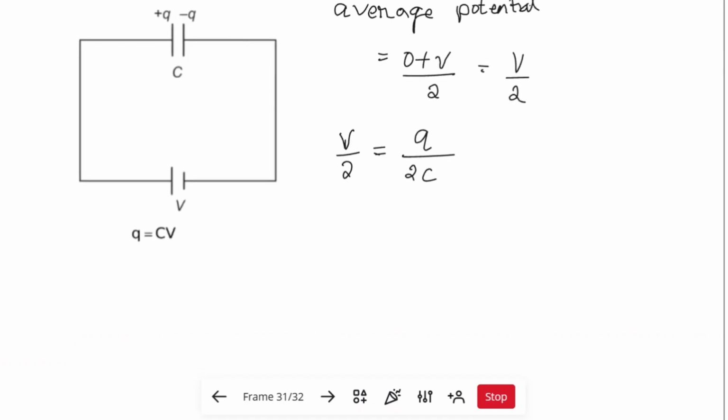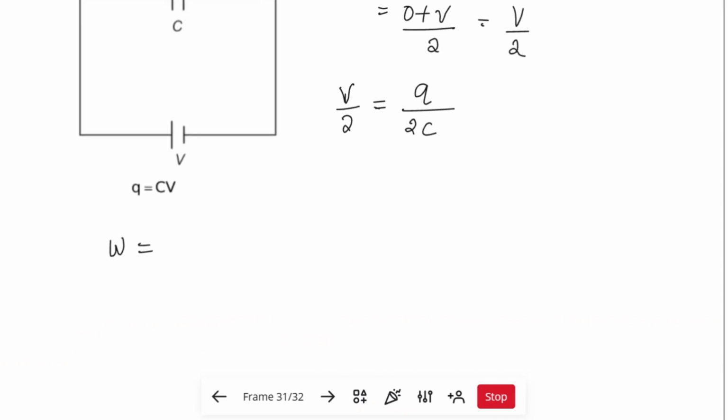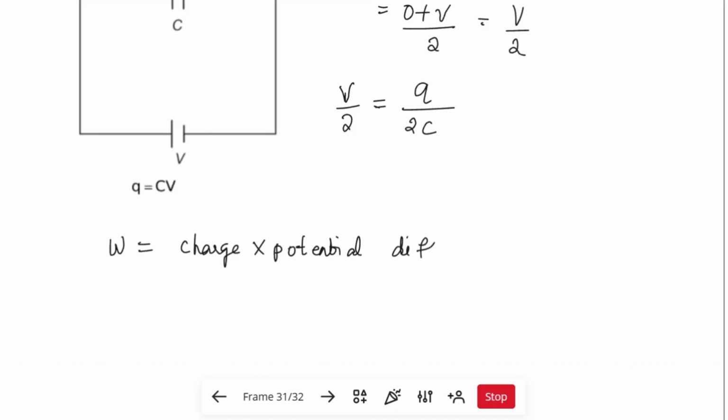Now, the work done during the charging is given by charge into potential difference, which is Q into Q by 2C.